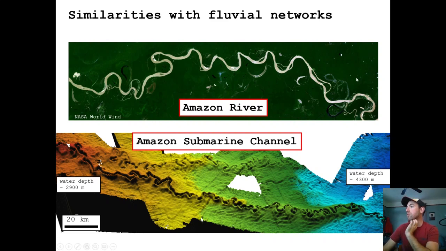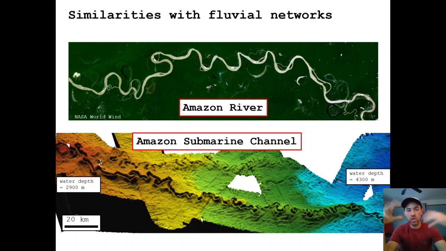This is the terrestrial Amazon River. If you go to the Amazon submarine channel further offshore, significant amounts of sediment gravity flows are derived from that deposited sediment that comes out of the mouth of the Amazon River.